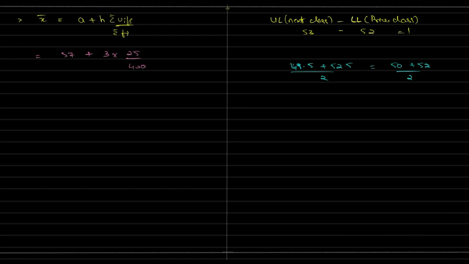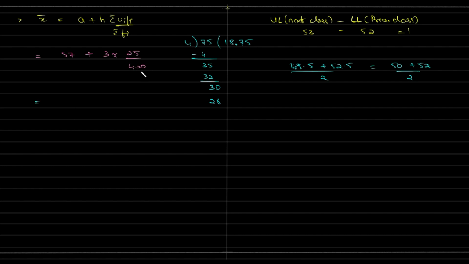Now we have to decide how to go about calculating this. It's easier to multiply 25 and 3 and then divide by 400. 25 times 3 is 75.